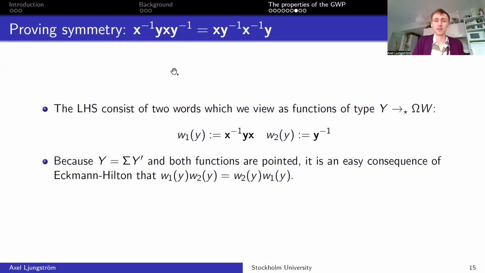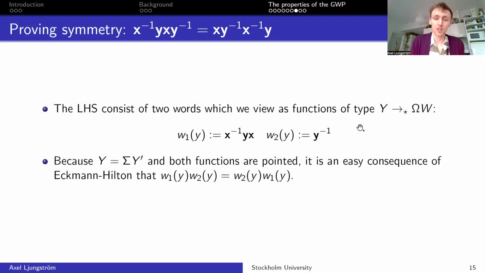So here's what we want to prove. I'm keeping it up here. If you look at the left-hand side here, we can view the left-hand side as consisting of two subwords. So the first word is just x inverse yx, and the second word is just y inverse. And I'm going to view these guys as functions in y. And by doing so, I can actually view them as pointed functions in y.